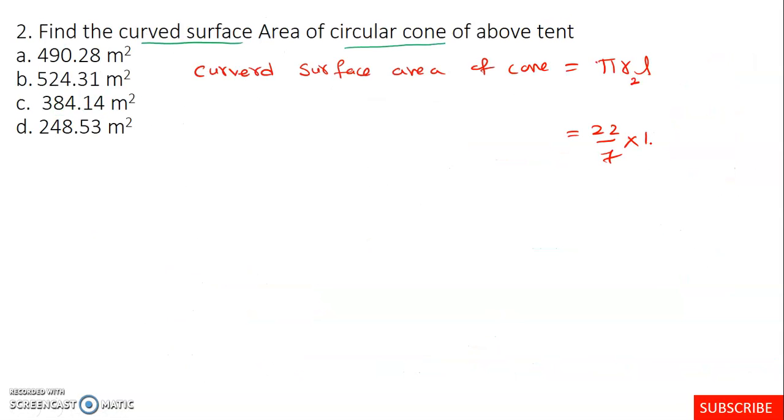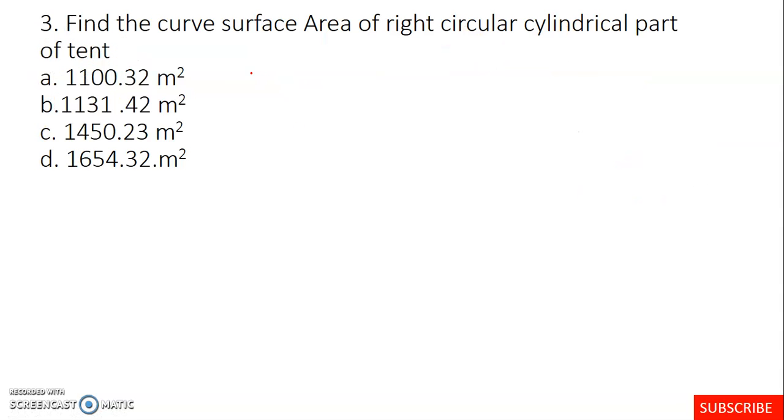You should write 12 into 13. By doing calculation you will get 490.28 meter square. So curved surface area of the cone is 490.28. Option A is correct.